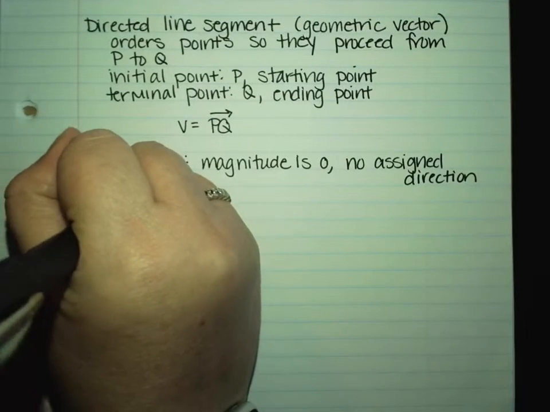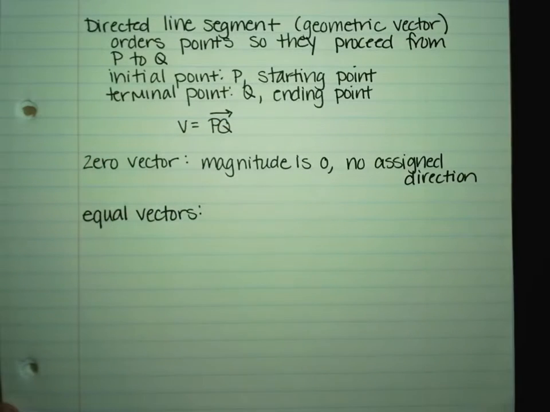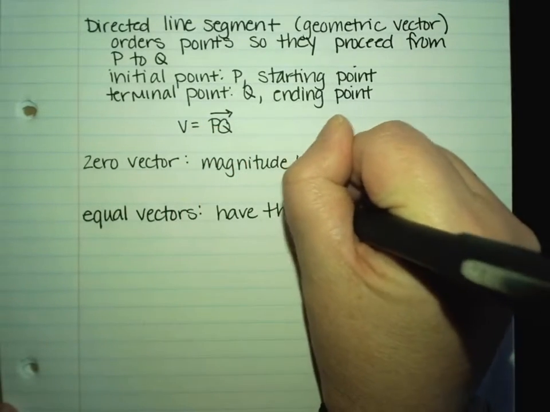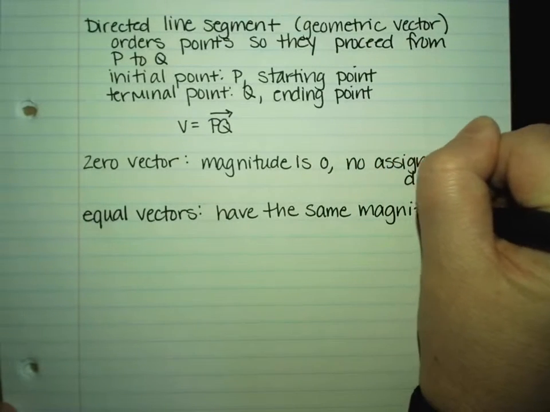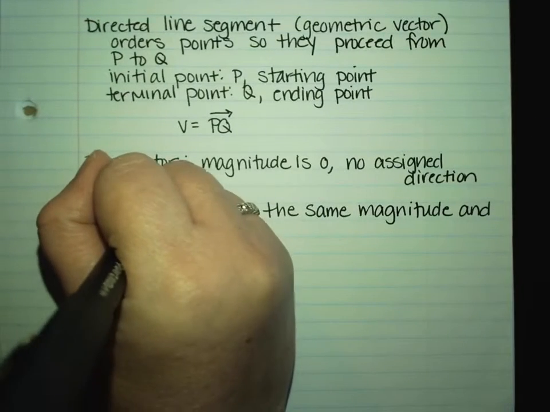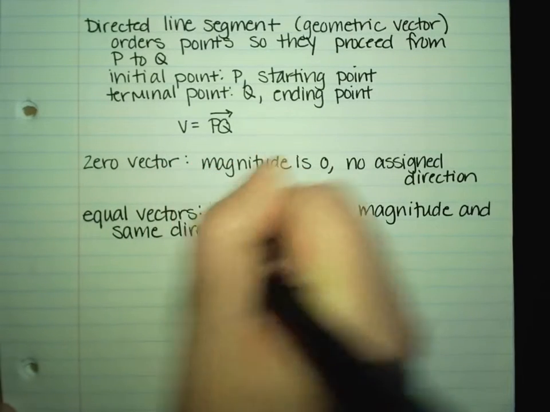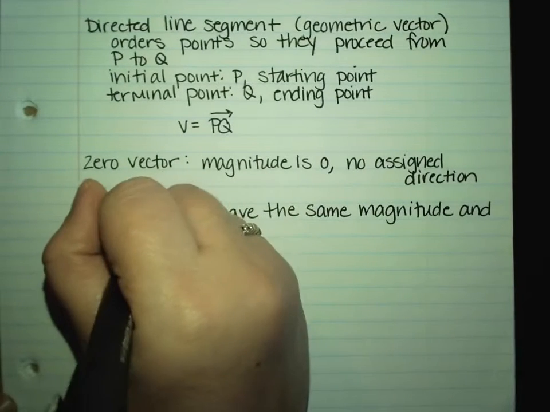And equal vectors have the same magnitude and the same direction. However, they can have a different initial and terminal point.